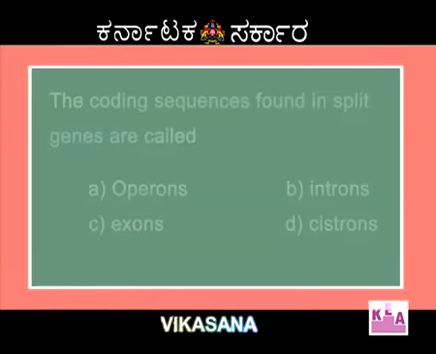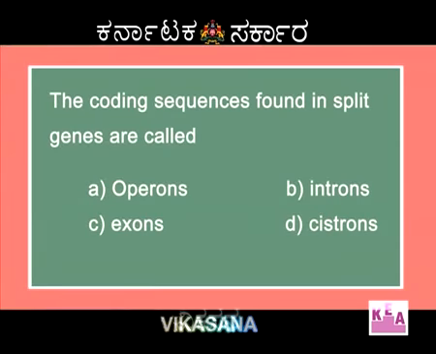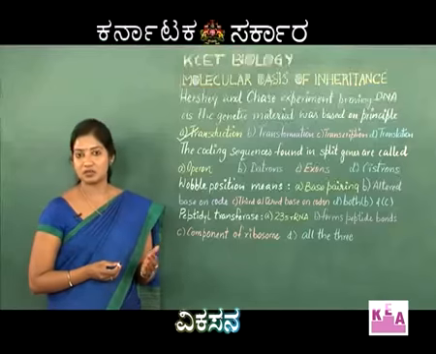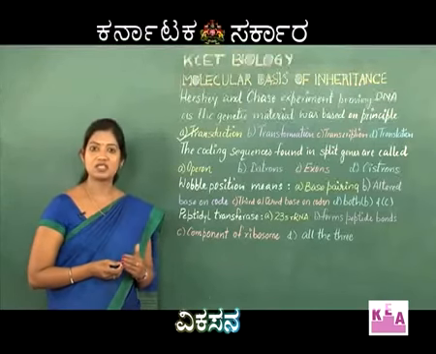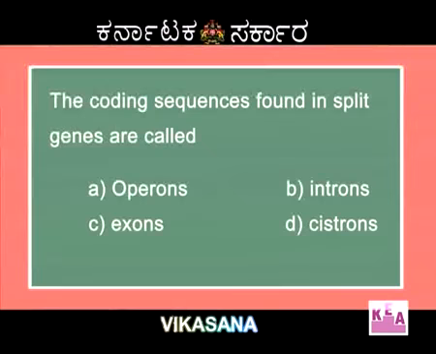Next question. The coding sequences found in split genes are called A, operon, B, introns, C, exons, D, cistrons. Operon is a set of genes which comprises of control genes, structural genes and a promoter gene.